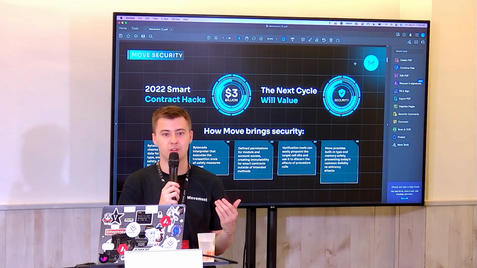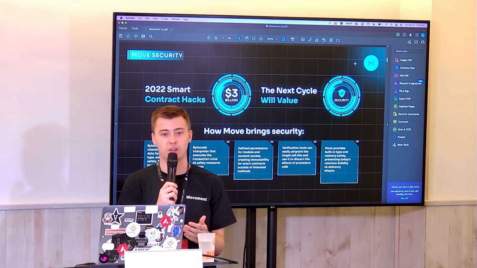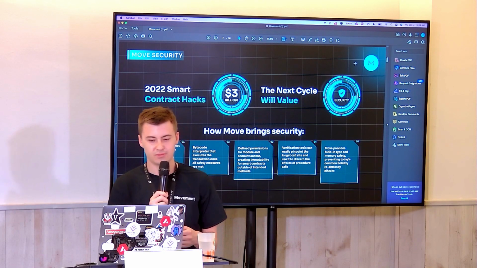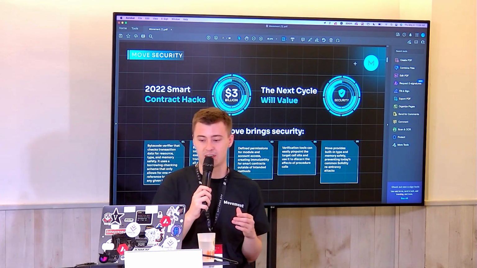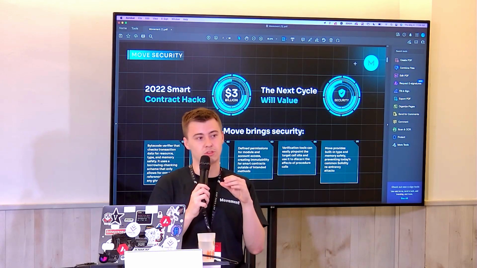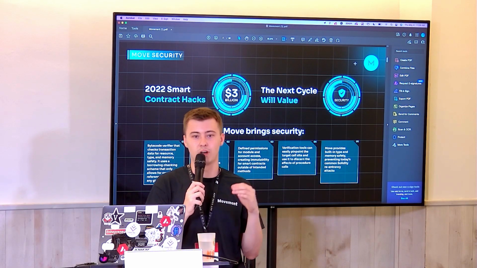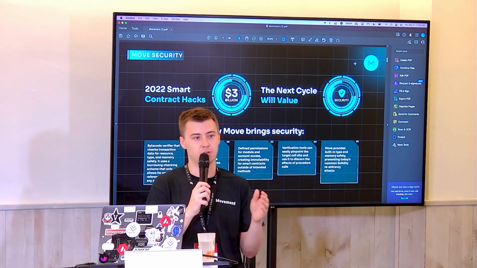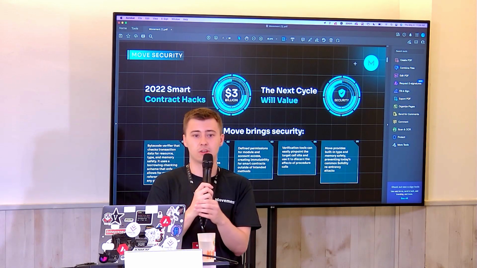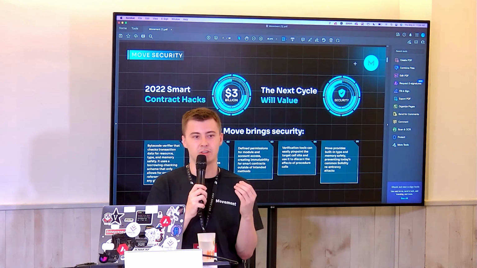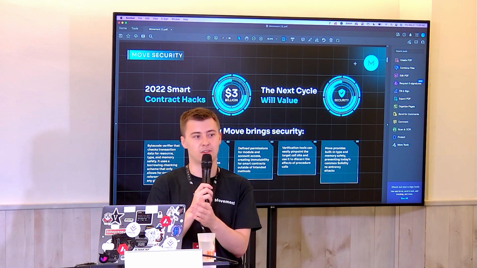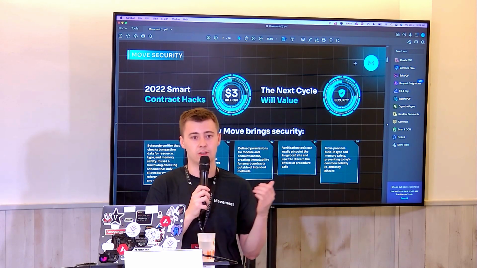But with Move being an object-oriented programming language, what's really powerful about it is that within modules, you are able to define where assets can move to and from, as well as who has the authority to move those assets from one place to another.